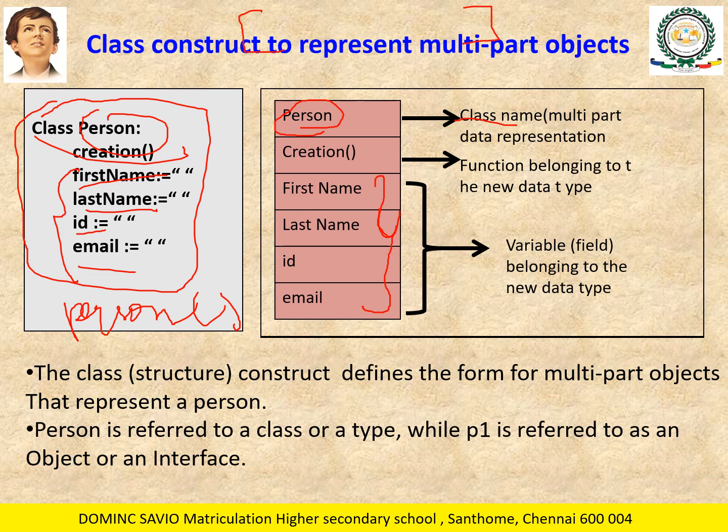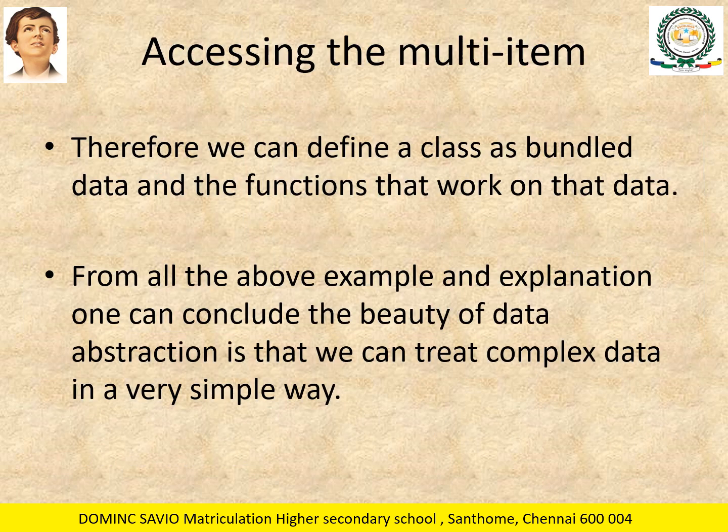When you are handling complex data, you always use a class. We can define a class based on the data and functions and you can work on it. From all the above examples, we have come to a conclusion that the beauty of data abstraction is we can treat complex data in a simple way.